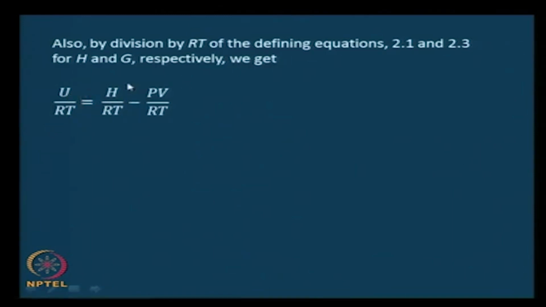U by RT is going to be H by RT minus PV by RT, equation 330, and G equals H minus TS, and from that we get S by R equals H by RT minus G by RT. We will stop here with this equation 331, because the further development we would like to be a little more continuous, and we will continue with this in the next class. See you in the next class.